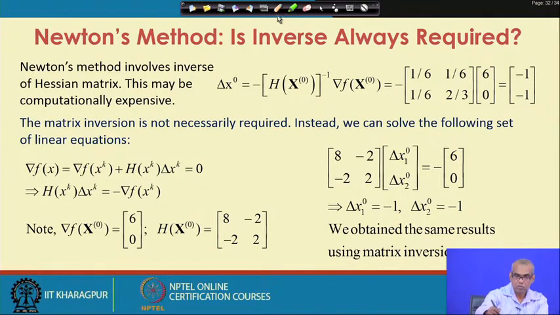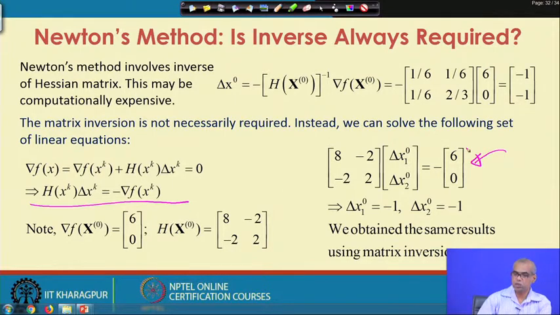Now, look at this expression: Hessian into delta x equal to minus gradient of f. So, gradient of f is 6 0. So, my right hand side is minus 6 0.